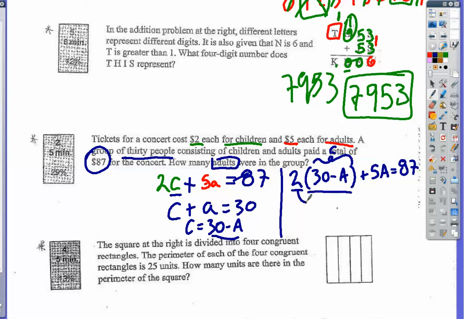So 2 times 30 is 60. 2 times negative A is negative 2A, plus 5A. Well, if I have 5 A's and I take 2 A's away, I have 3 A's. And that's a positive.